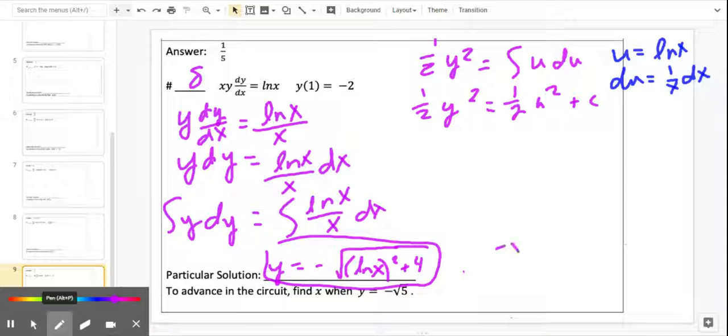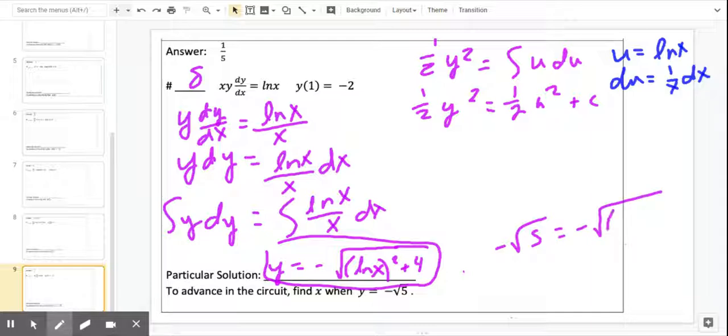So negative square root of 5 equals negative square root natural log of x squared plus 4. So step 1, I'm going to square both sides. That'll leave us with 5 equals natural log of x squared plus 4. Subtract 4. 1 equals natural log of x squared.